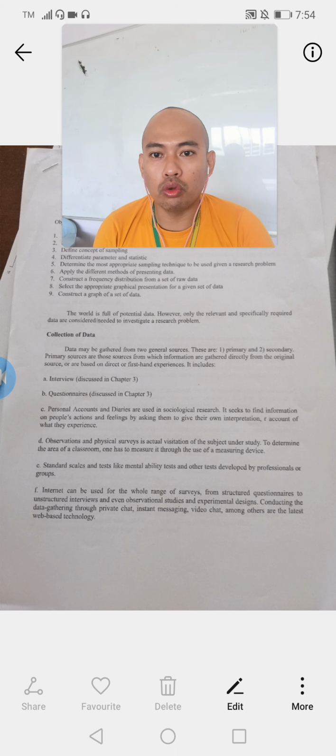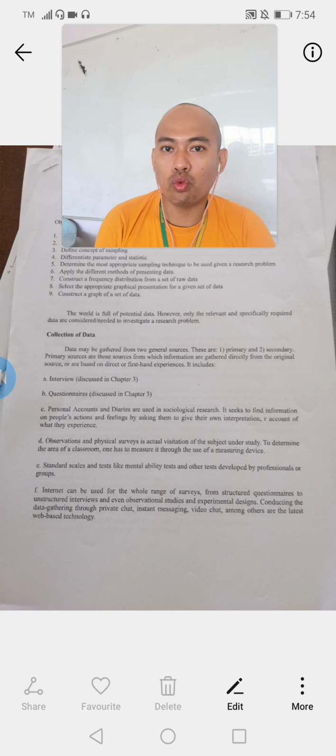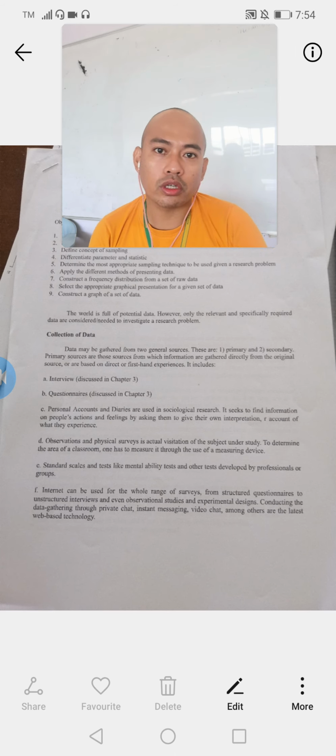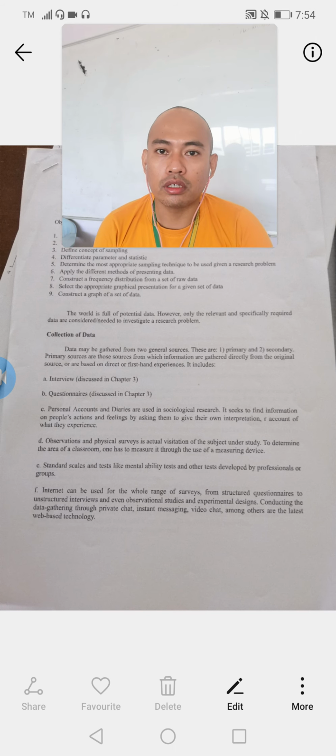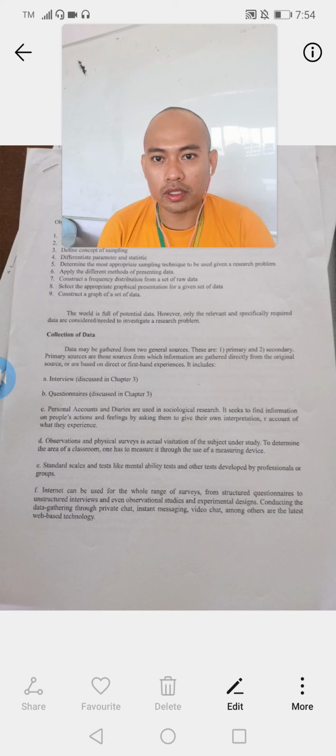This may include the following. We have interview. It may be done through face-to-face interaction by the interviewer and the interviewee. The researcher will serve as the interviewer, while the interviewee will serve as the respondent in our research study.